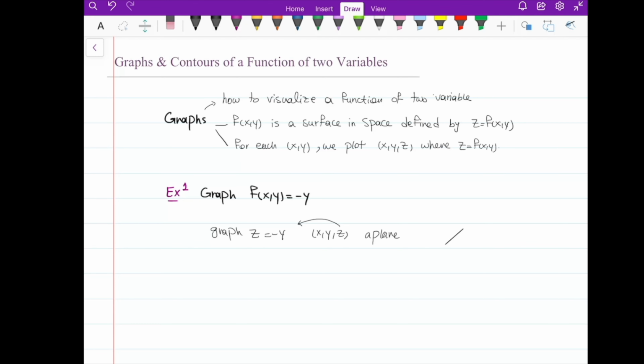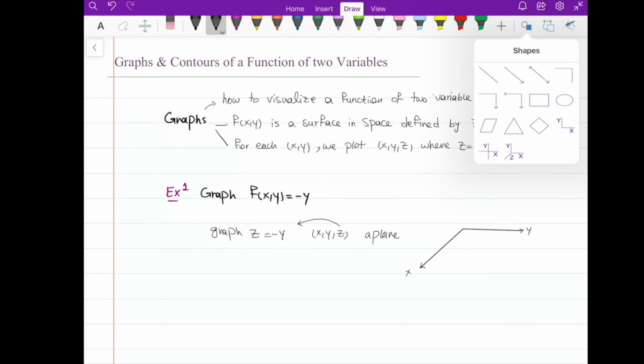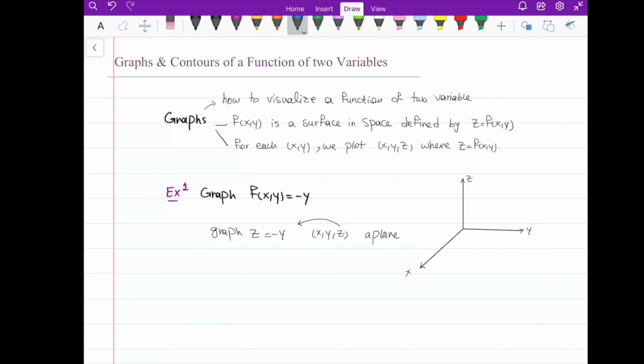I have x-axis, I have y-axis, and then I have z-axis. Then z equals negative y in yz plane would be this line in here. Let me graph the line like this.